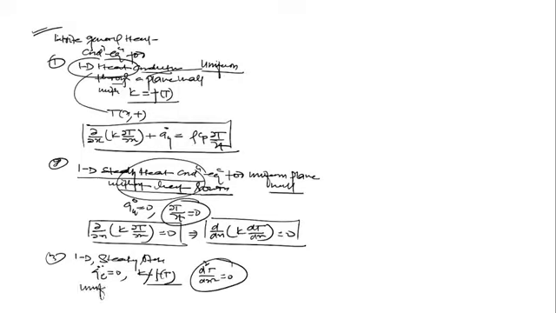Uniform, yes or no? Tell me. Why uniform? Because the area is constant, then only we have written this equation. What will happen if non-uniform is there? Anyone?